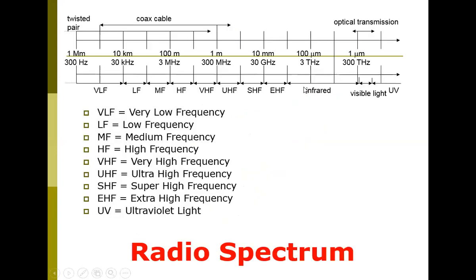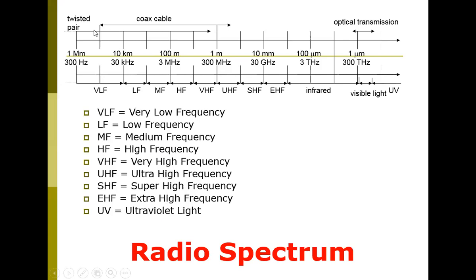A radio spectrum. You have to plan this spectrum, and it may be useful to understand the concept in a better way, because we classify very low frequency, medium frequency, high frequency, very high frequency, ultra high frequency, super high frequency, extra high frequency, ultraviolet light.